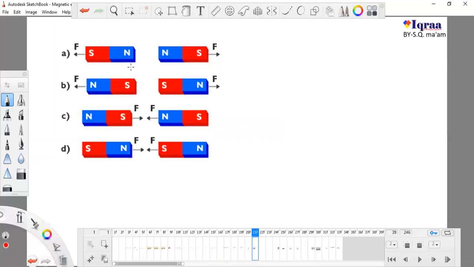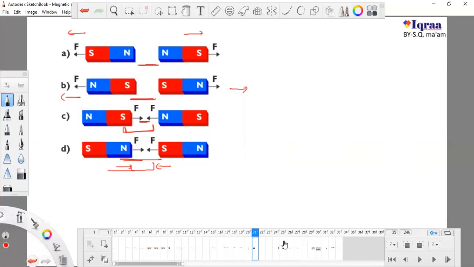In this case the force is a repulsive force, and in this case also the force is repulsive. In this case the force is attraction, because when south and north poles come together, the force will be attraction. So this is how a magnet works.